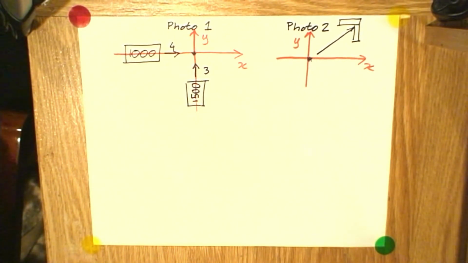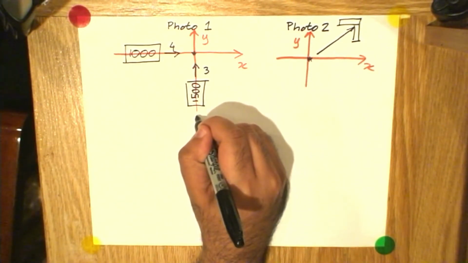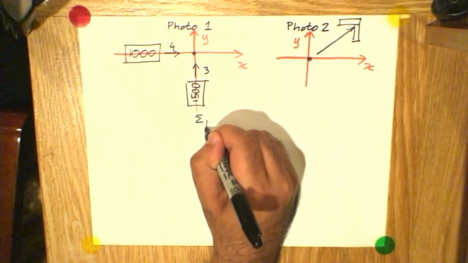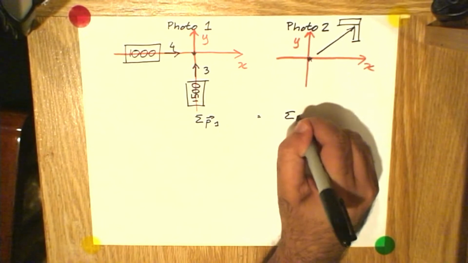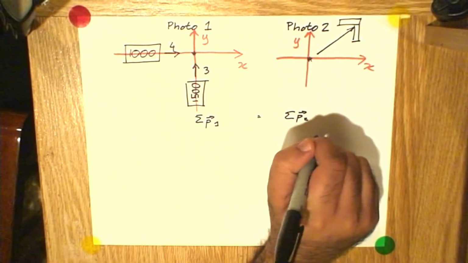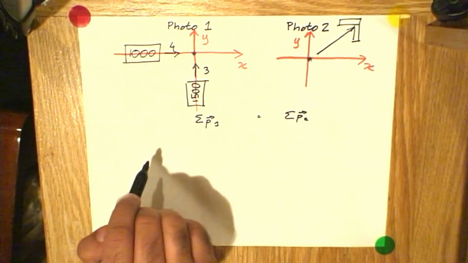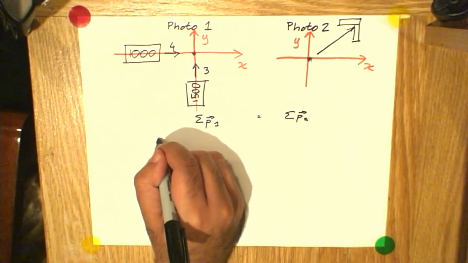So now, let us put together all of the information that we know. Let's start with conservation of momentum. Conservation of momentum says the total momentum that's there in photo 1 equals the total momentum that's there in photo 2. The total momentum in photo 1 comes from 2 sources.